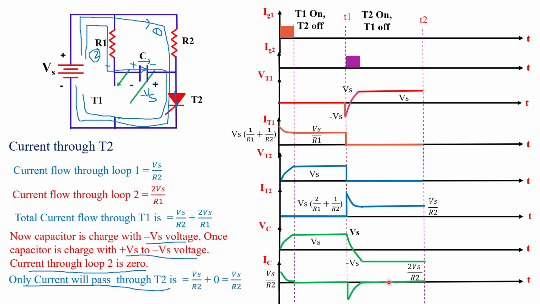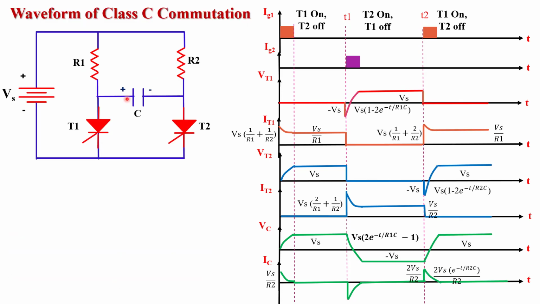So here this waveform is 0. At time instant t2, we see the capacitor voltage is minus Vs. It means the capacitor is charged with this polarity: left plate positive and right plate negative.